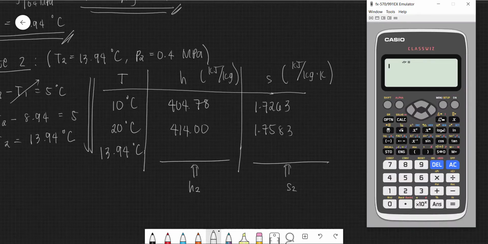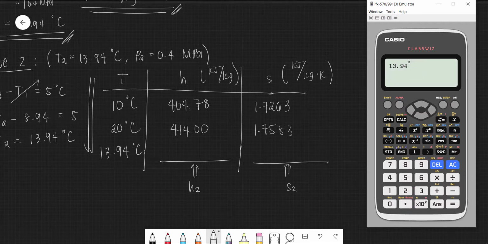So let's just use our calculator in order to solve for this. Again, press setup, go to statistics, and we are concerned with two variable table. So, sabihin natin si temperature natin yung mga X, at in the meantime, yung mga Y natin ay si enthalpy. So, let us just input these values. And then, type 13.94.